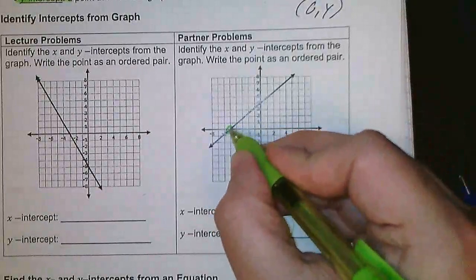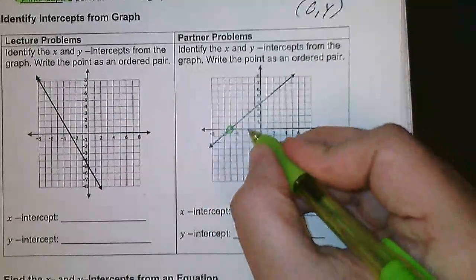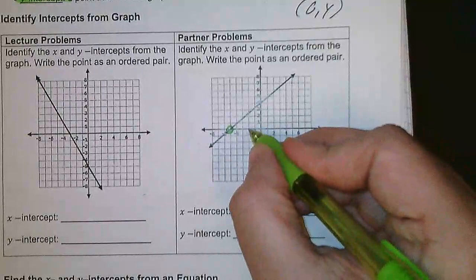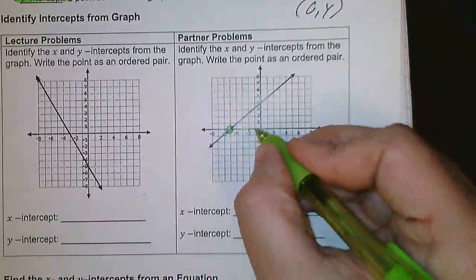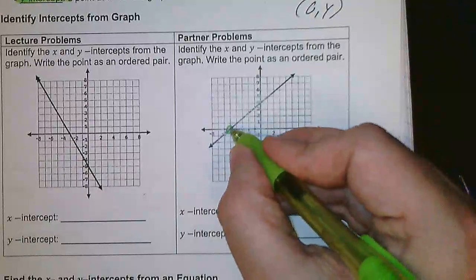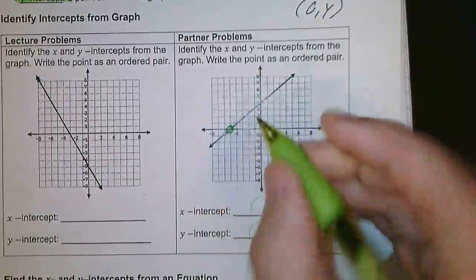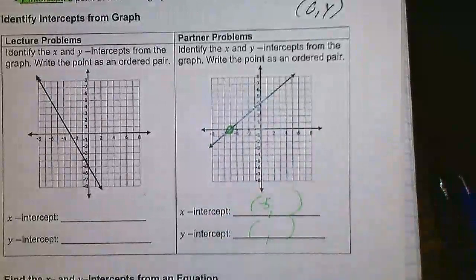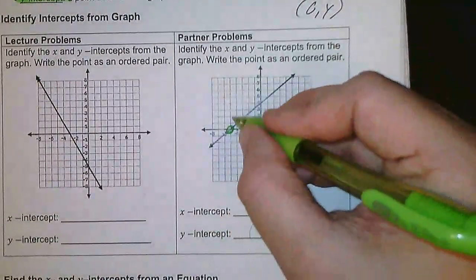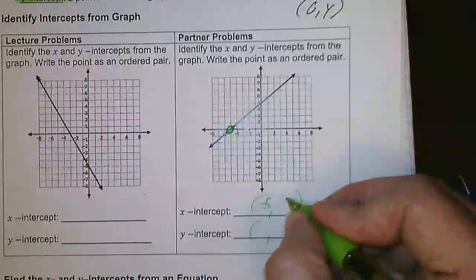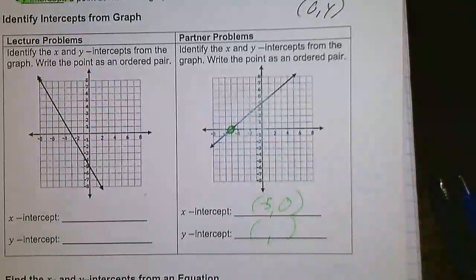So here's our x-intercept. Each hash, they've only labeled the even numbers. So -1, 2, 3, 4, 5. We're hitting the x-axis at -5. And if we're on the x-axis, then we would not move up or down any, so our y value is 0.